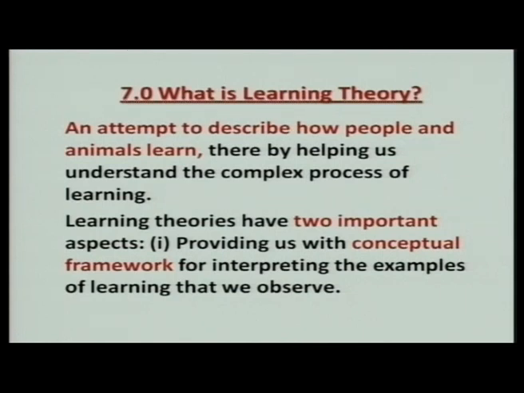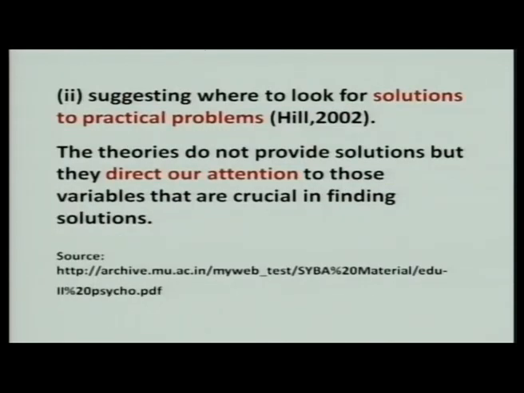But learning theories have two important aspects. Whenever you go through learning theory, you will see that there is a conceptual framework. The conceptual framework interprets the examples of learning that we observe. And second, it suggests where to look for solutions to practical problems.